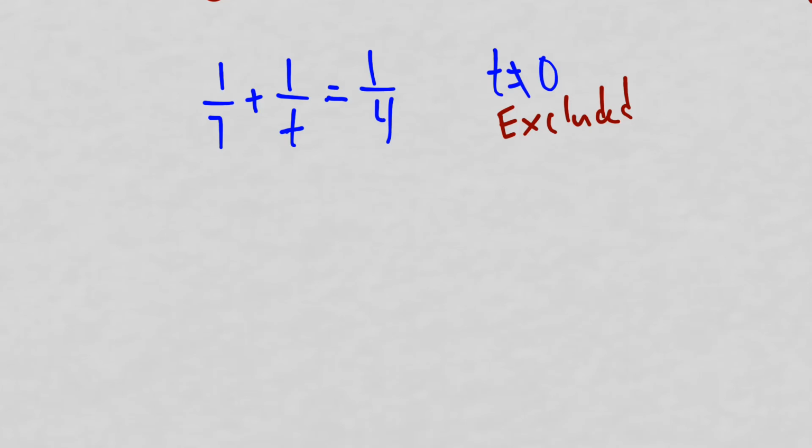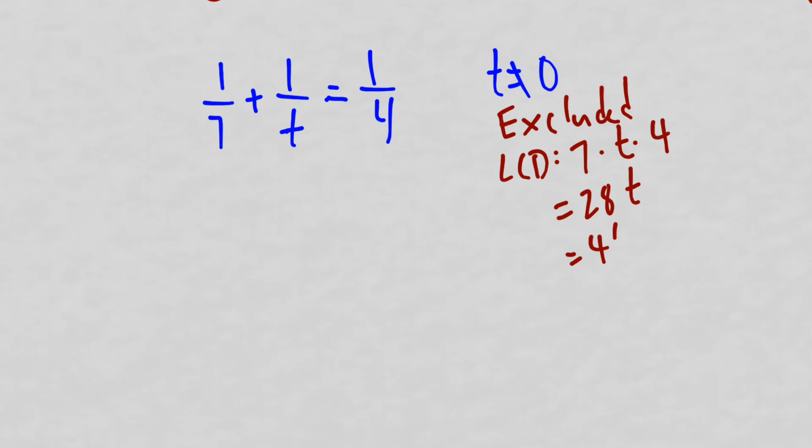The LCD in this case is 7, T, and 4, so it's 28T. You can write it as 28T, or as 4 times 7 times T. Actually, it's probably better to write it like this, because then you can tell exactly what's missing from each one. All right, so we need a common denominator.